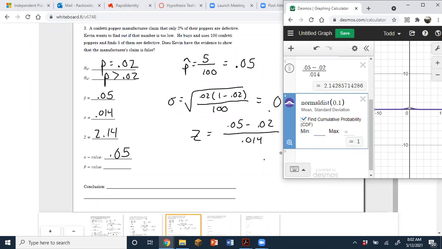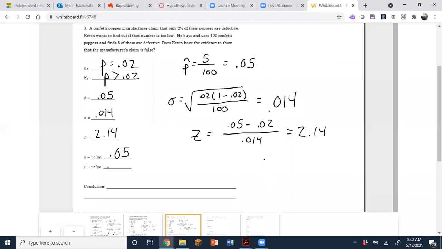The minimum would be 2.14. That's 0.016. Remember, that's normal distribution 0, 1, with the 2.14 as the minimum and the max is infinity.